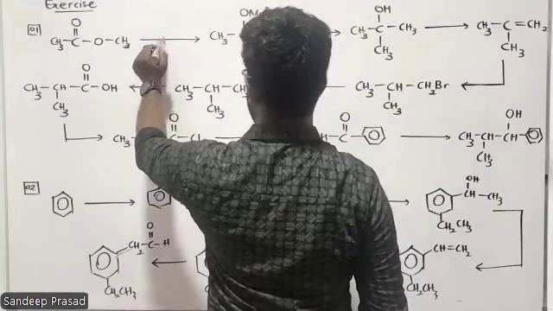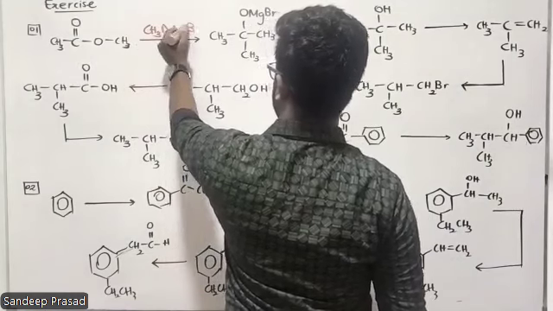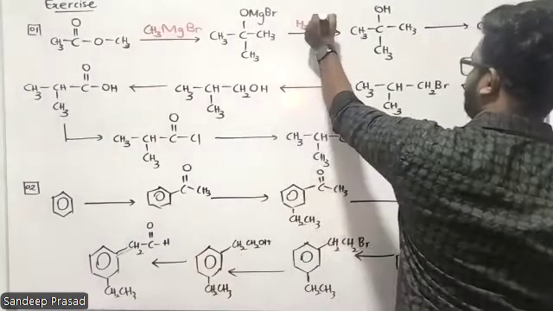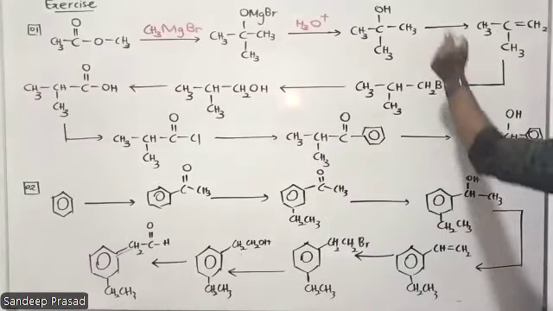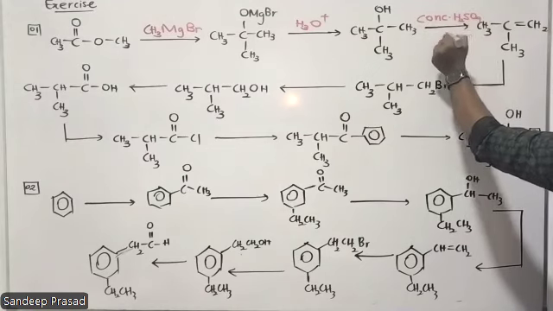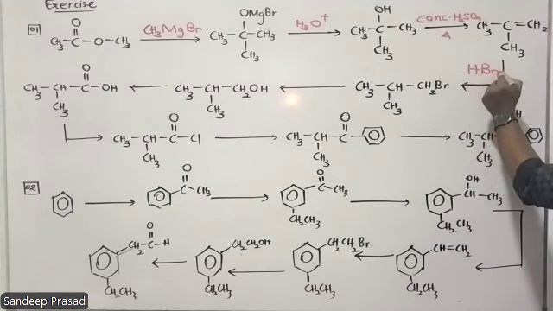Ester reaction. So therefore we can put CH3MgBr. Then H3O+ here. Conc. sulfuric acid is added and heated. Then HBr in the peroxide medium, right?